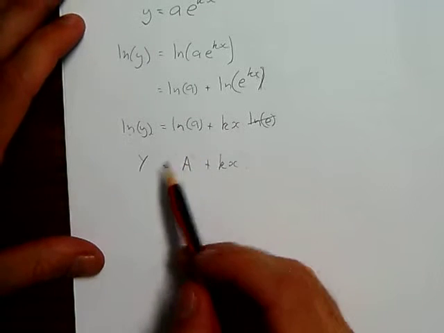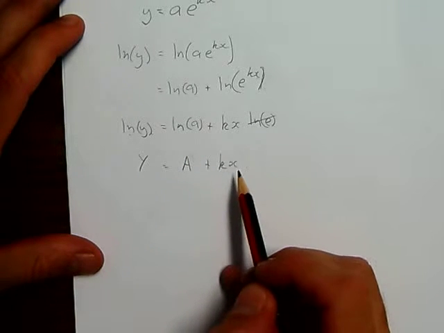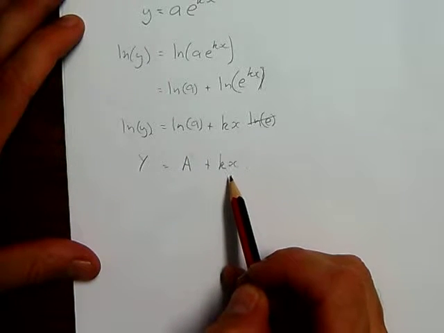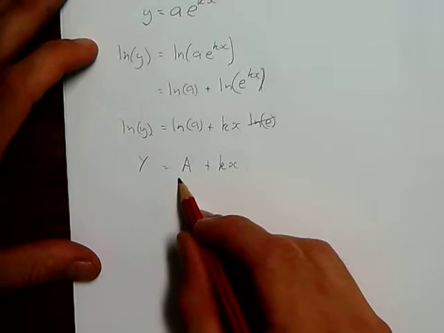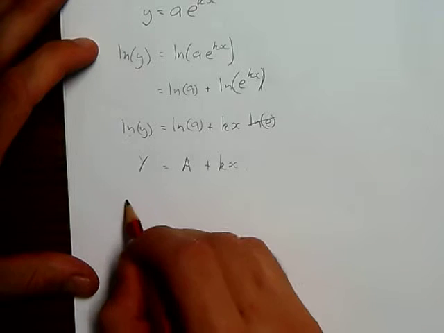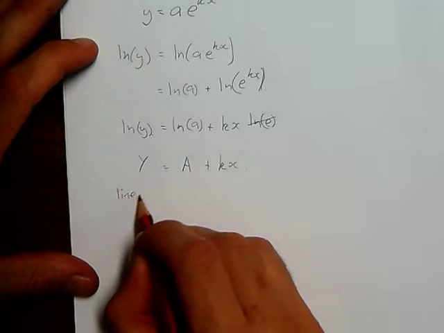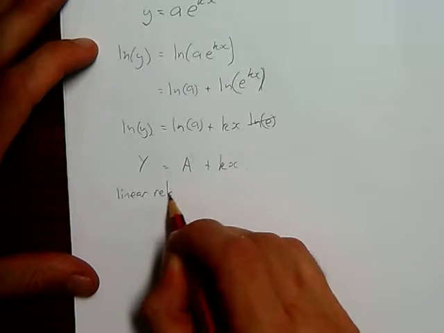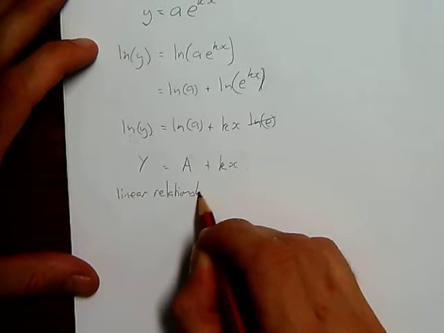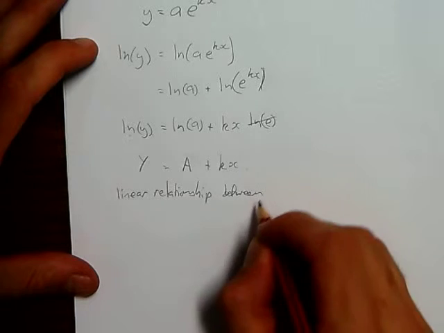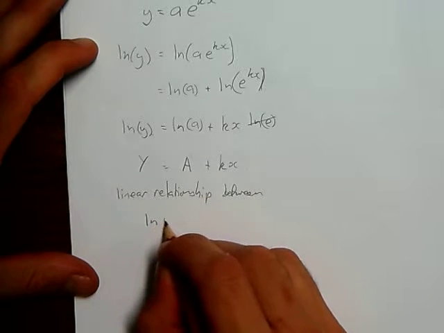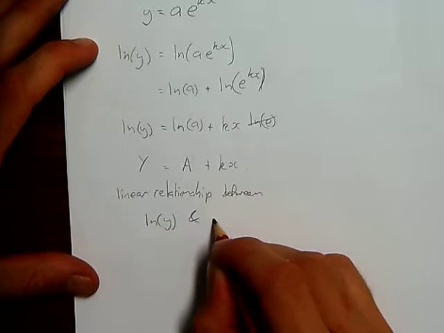Okay, so I have this function big Y equals A plus kx. So I have a linear relationship. Think about it, mx plus c, or c plus mx. I have a linear relationship between ln y and x.